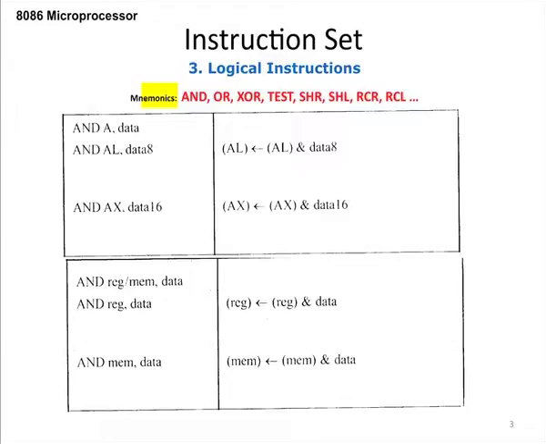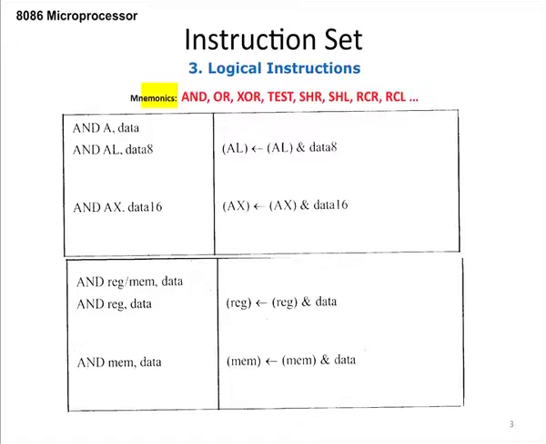The first one is the ANDing operation. The instruction is AND register 2, register 1. Again in this instruction the register 2, which is defined first, acts as the destination. It means after ANDing the contents of register 2 and register 1, the result will be stored as the contents of register 2.